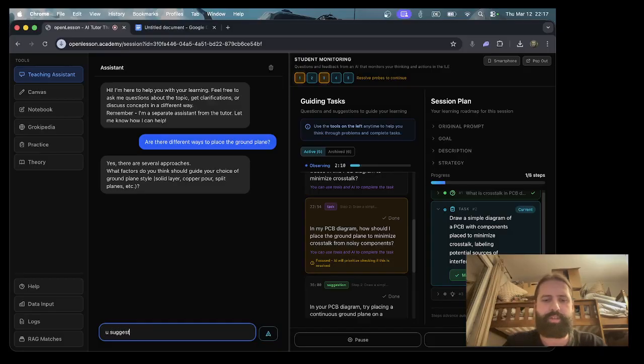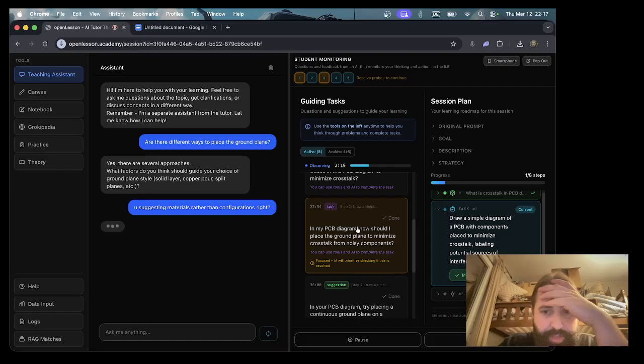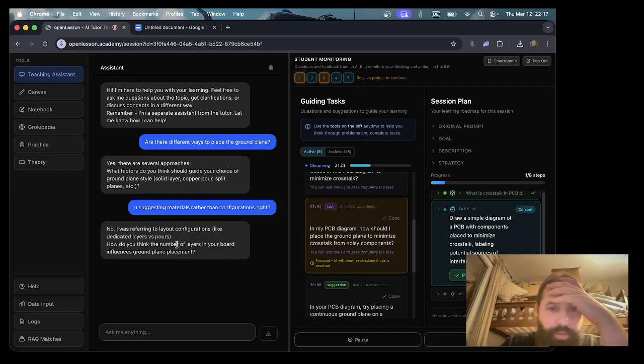It was suggesting materials rather than configuration, so maybe this is just badly phrased. Layout configuration, dedicated layers versus cores. Oh, okay. How does the number of layers in a board influence ground plane placement?